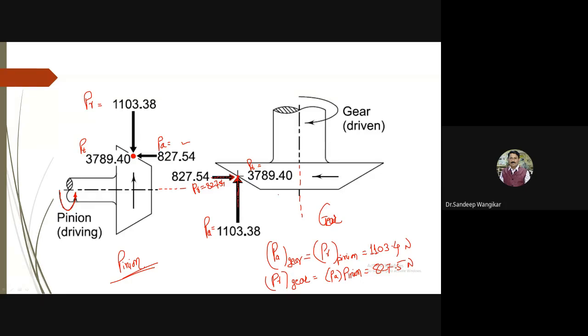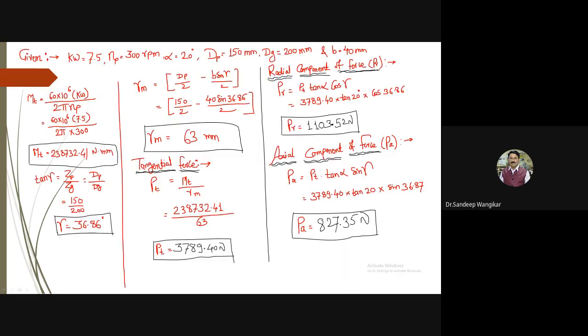And why is it like so? See the axis, this is the axis. The component in the direction of the axis is the axial component, and it should be equal and opposite to the other component in the same direction, opposite 1103. Therefore, PA will be equal to PR and PR will be equal to PA. This is for the gear. So in the analysis of the bevel gear, we have to calculate all these components.